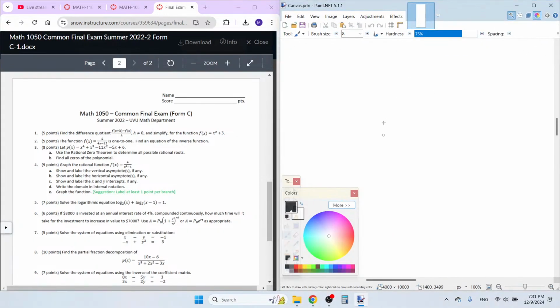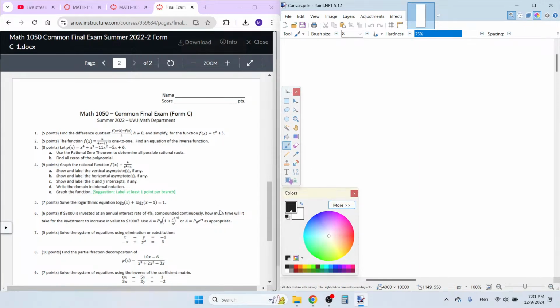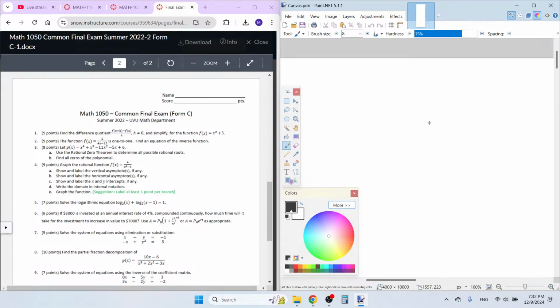We have a little canvas to write on. Make sure not to mess up our background. Okay. So find the difference quotient. This is the difference quotient formula. And simplify for the function f of x equals x squared plus 3.